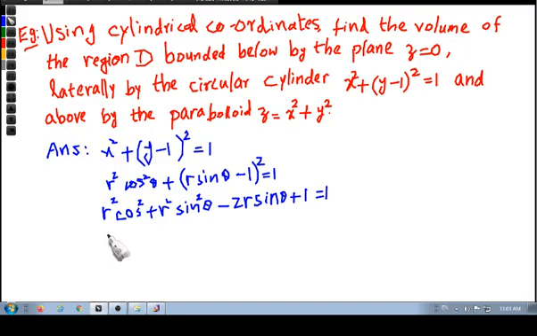So r square into cos square theta plus sin square theta is 1, minus 2r sin theta equal to 0, or equivalently r equal to 2 sin theta. You can assume r not equal to 0 and cancel.